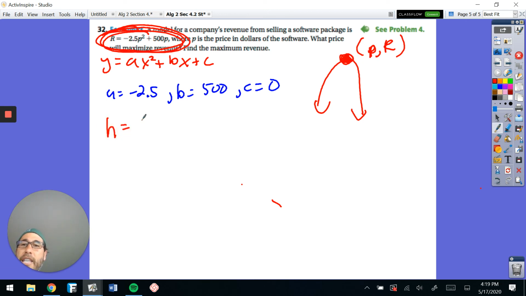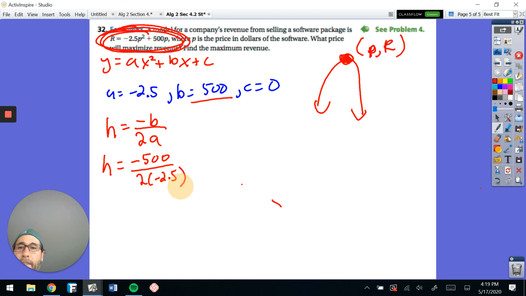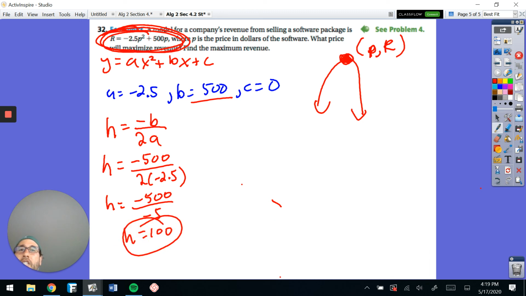Well, that's just the opposite of B over 2 times A, right, class? That's it. Okay, so what would that be? That would be the opposite of 500, which would be negative 500, all over 2 times negative 2.5. Well, what's 2 times 2.5? Well, that would be negative 500 over negative 5, and that is H equals 100. So that means the price of selling the software package is $100, right?